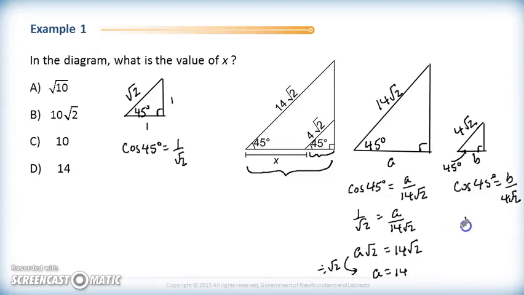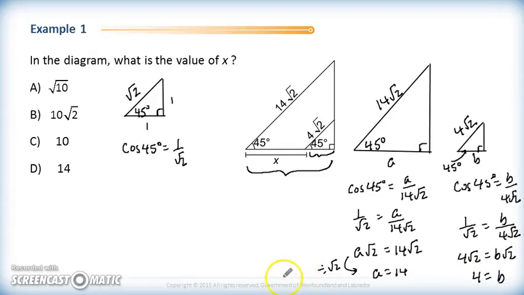So like before, we make our ratio from our base triangle equal to B over 4 root 2. A little bit of cross multiplication, we get 4 root 2 equals B root 2. Divide by root 2, we get 4 equals B.